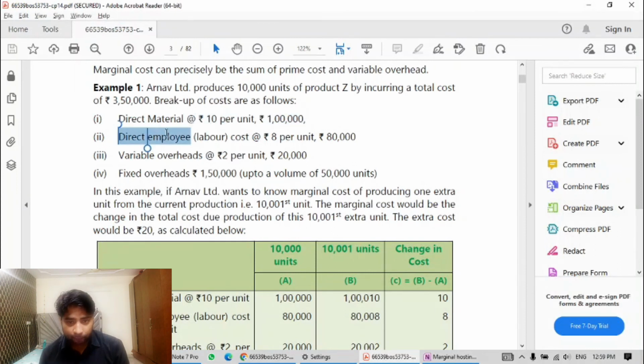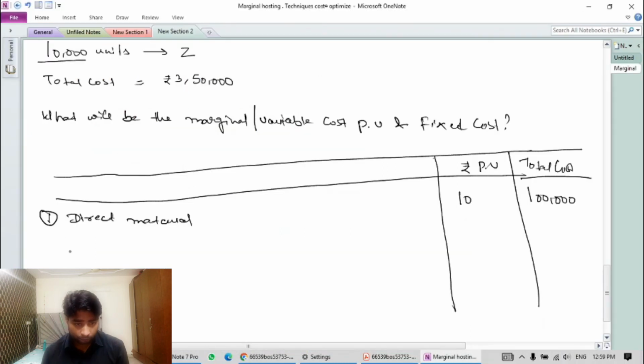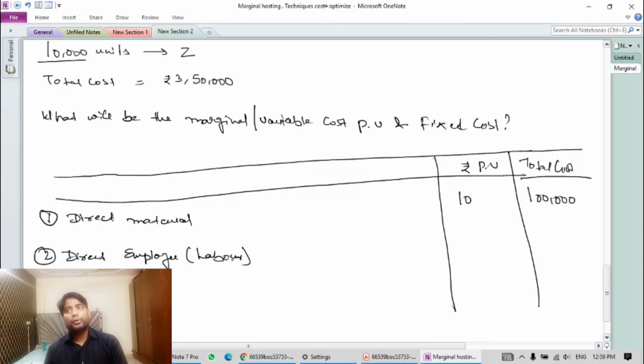The second one is direct employee, or labor cost. Now you tell me, is the labor cost fixed or is the labor cost variable?